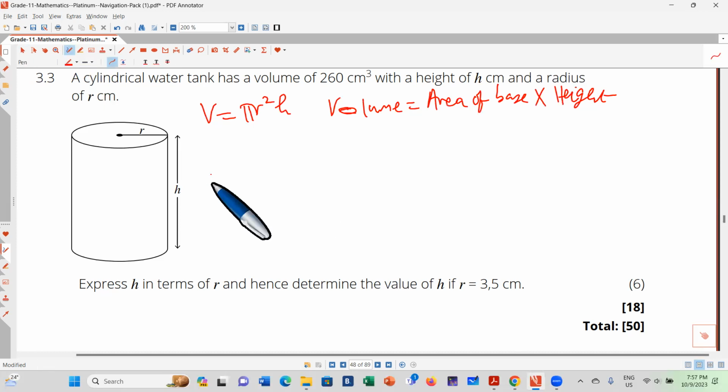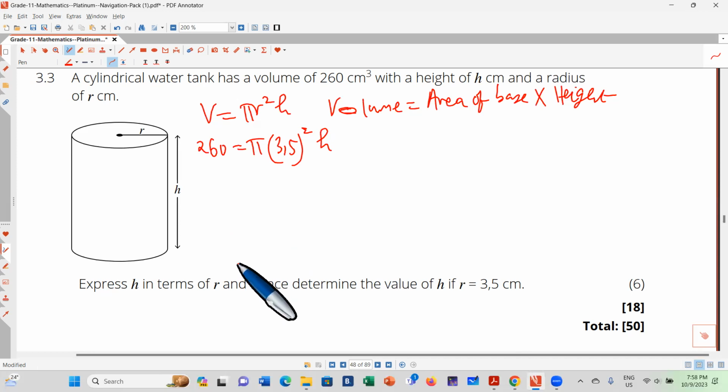Like you can say the volume is 260, and then it's pi, and then the radius is 3,5. So you put 3,5 here, you square it, times h.